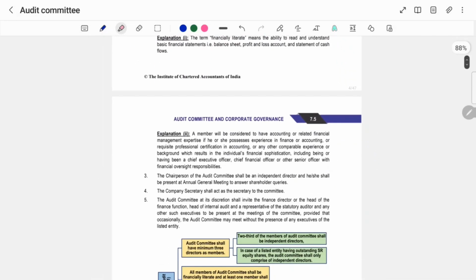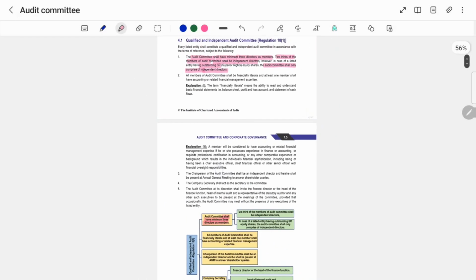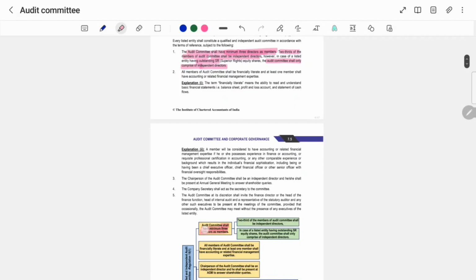In the chart below, this is summarized in graphical form, like audit committee shall have minimum of 3 directors. Let me zoom out for you. Here also it was given minimum 3 directors, and here also it is written minimum 3 directors as members.